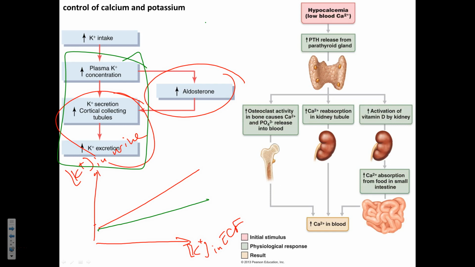Everything in excess will be filtered out because there's a certain transport maximum for calcium reabsorption in the kidneys. And transport maximum, the capacity of kidneys to reabsorb, isn't something randomly selected by Mother Nature.